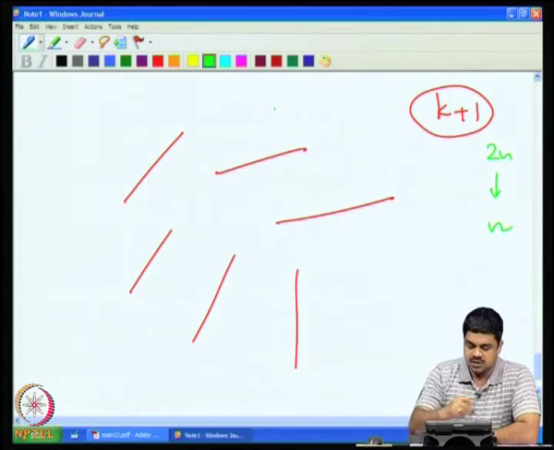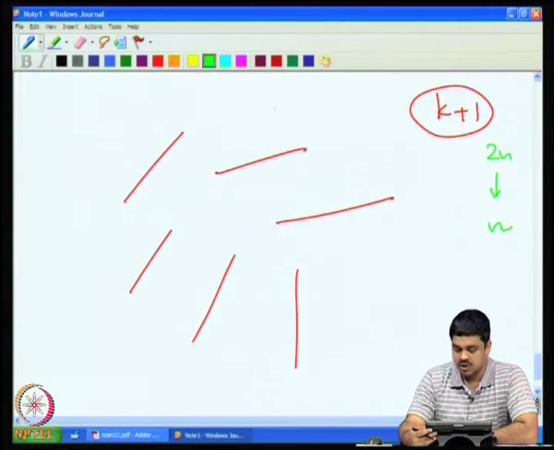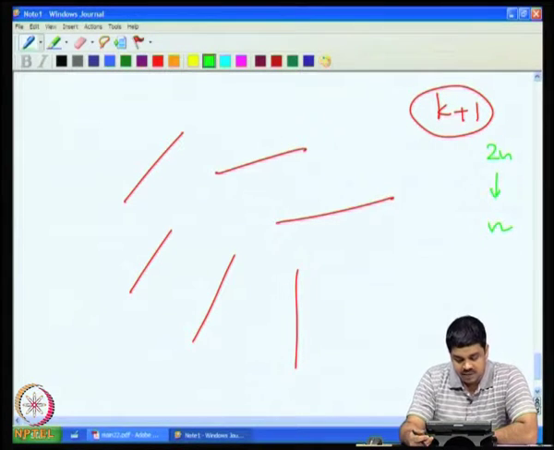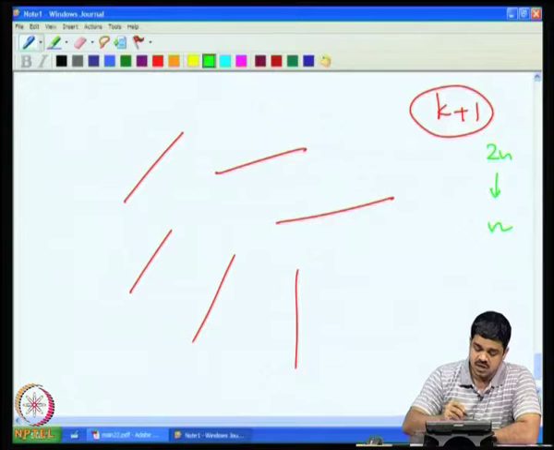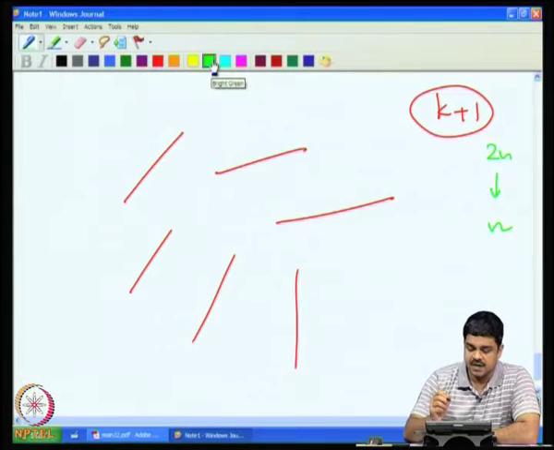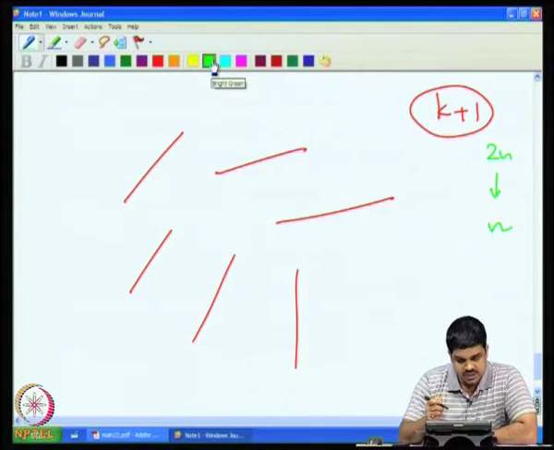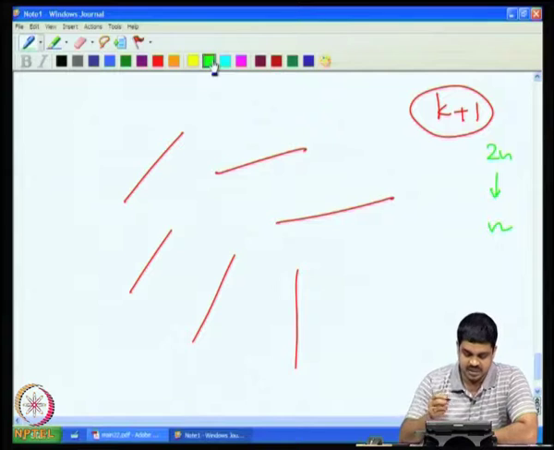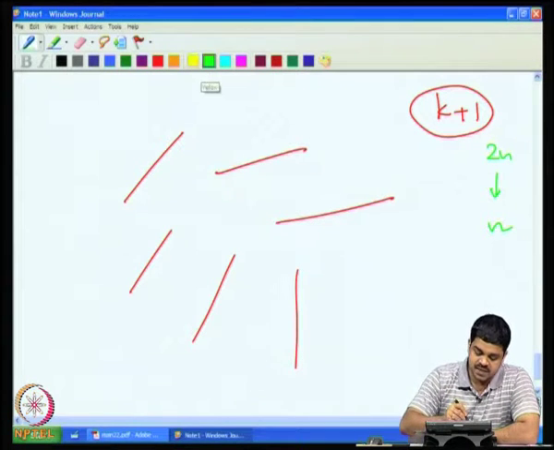Suppose you get one of the color classes to be of cardinality n. Now, is it possible to have another color class, say the green color class, also of cardinality n? Suppose it is also of cardinality n; that means the green color class also defines a perfect matching. That means every vertex is touched by a green edge also, just like the red edge touches every vertex.